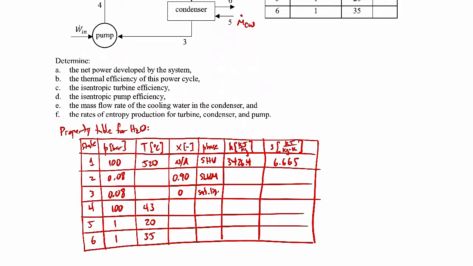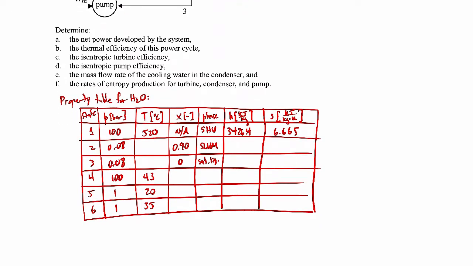The second state, state number 2, we know, again, that it's a saturated liquid vapor mixture because you have a quality. If you look up the saturation temperature corresponding to that pressure, it comes out to be 41.51. That'll be the same saturation temperature as the next state, state 3, because they're both at the same pressure, and this is a saturated liquid vapor mixture, this is a saturated liquid, so they'll have the same saturation temperature.